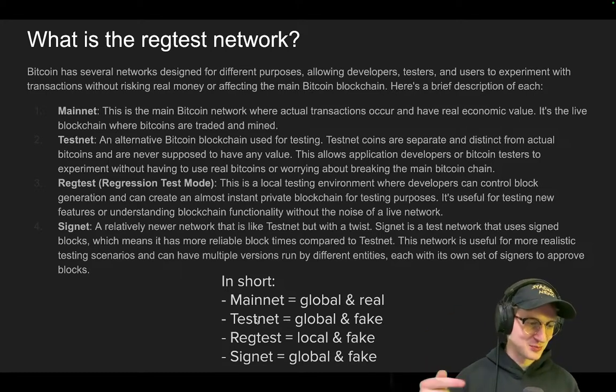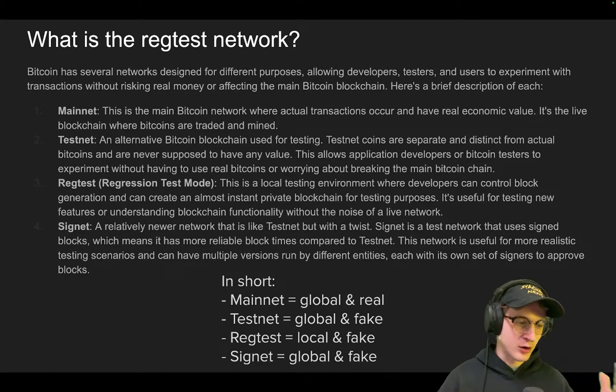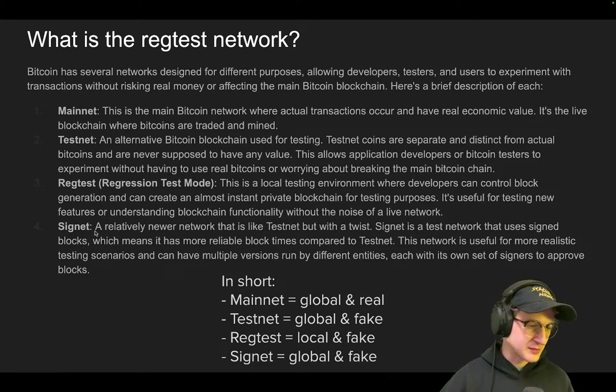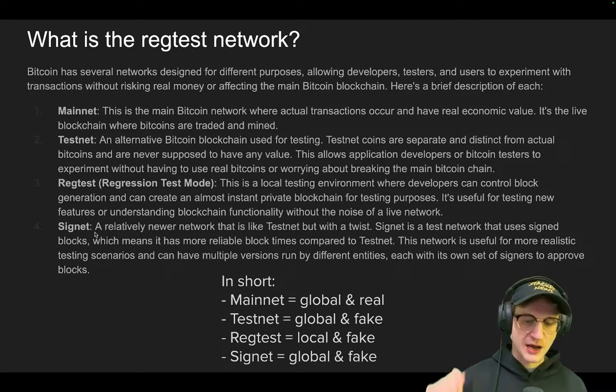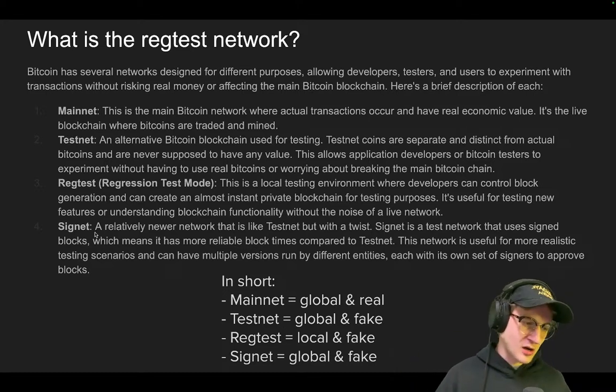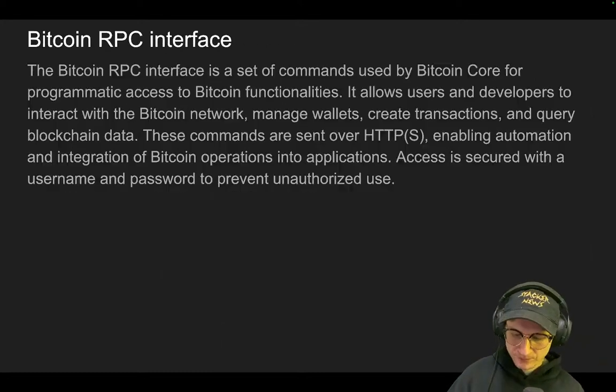But testnet requires proof of work, so blocks can come in really inconsistently, sometimes an hour between blocks. Signet makes that a lot quicker by, instead of requiring proof of work, having you sign each block. It's a shortcut to keep the blocks flowing and give us an easy global test network to work with that will move fast.